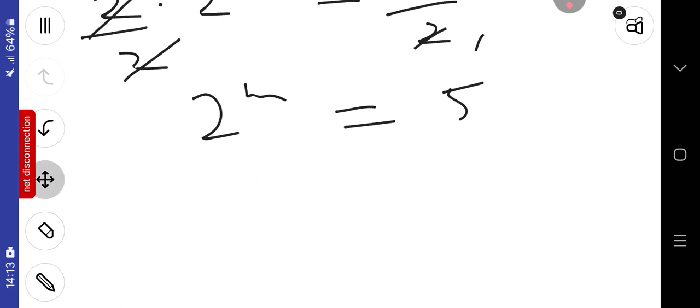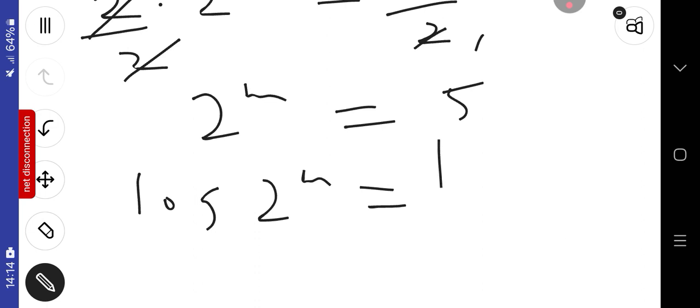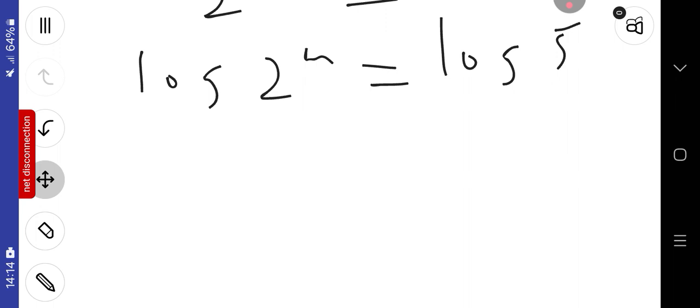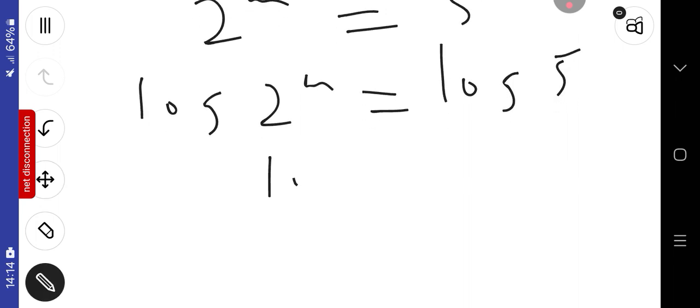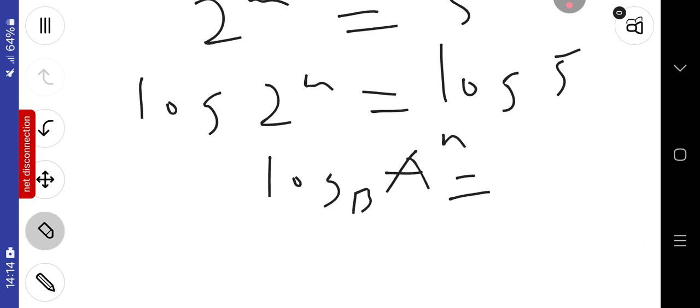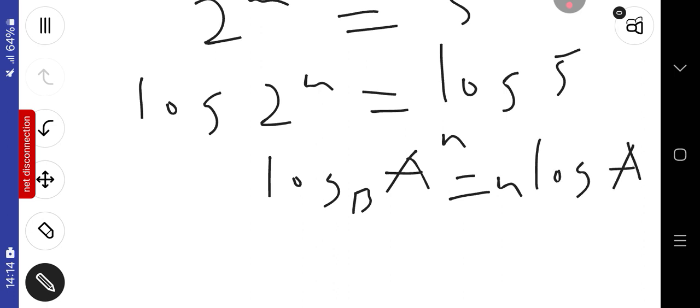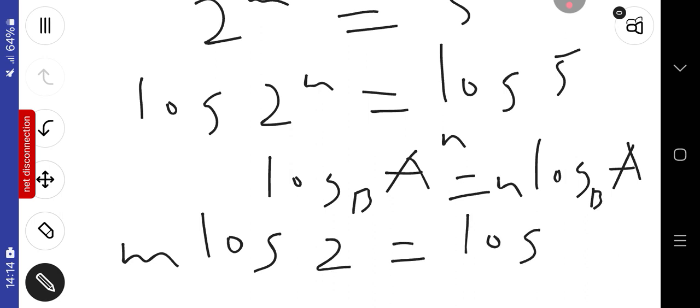Now let's apply log here. Log 2 exponent m is equal to log 5. We know from logs that log a exponent n to the base b gives n log a base b. So we have m log 2 is equal to log 5.